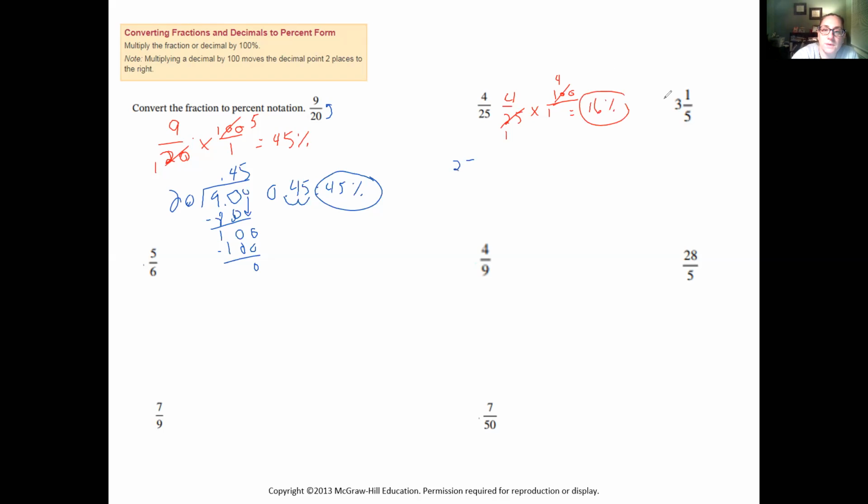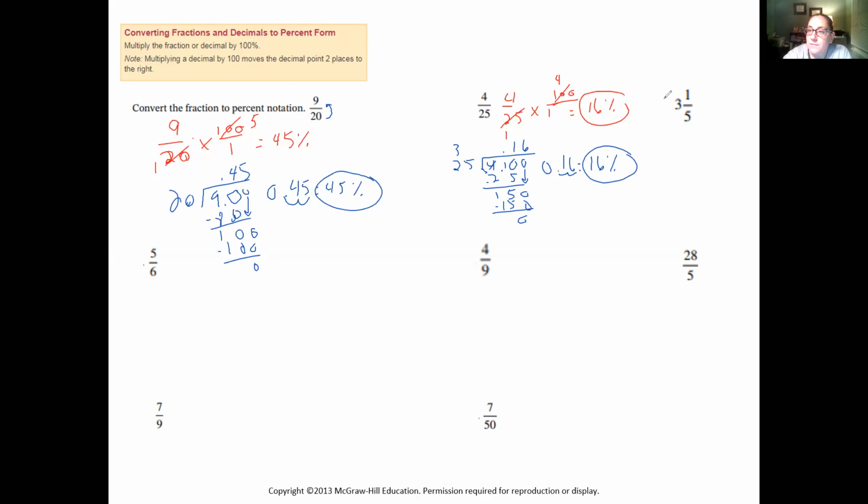Or 25 into 4, and you get 0.16 and then 16%.